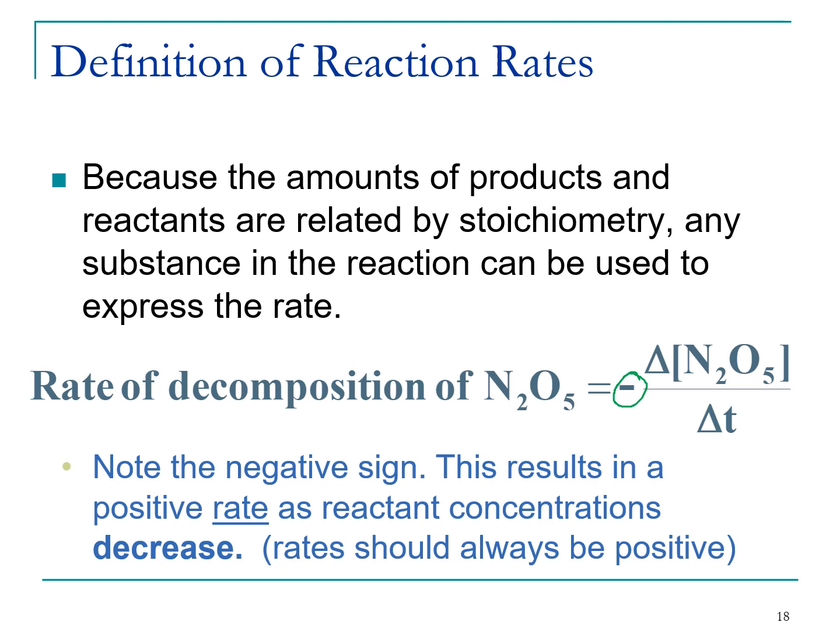There's no such thing as a negative rate. The rate should always be positive, but we put the negative there to say that overall the concentration is decreasing. So the negative and the negative will result in a positive rate, and that's what we want.